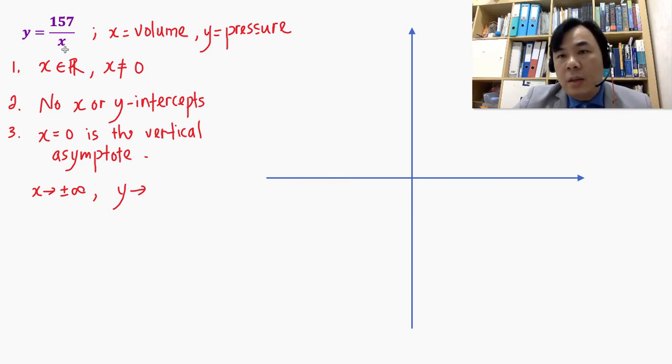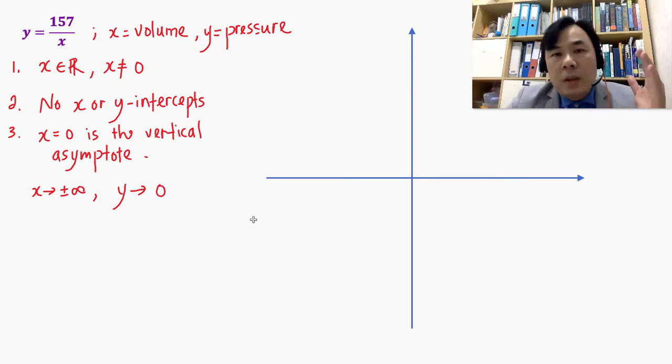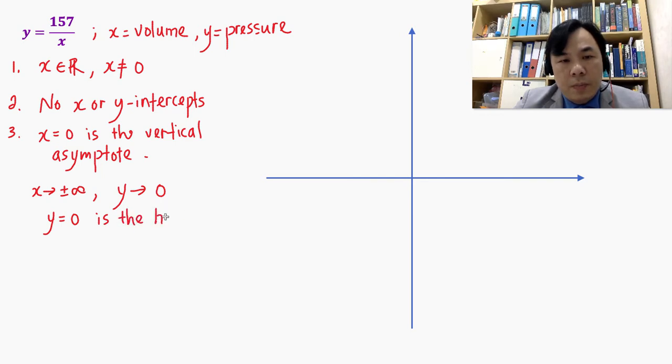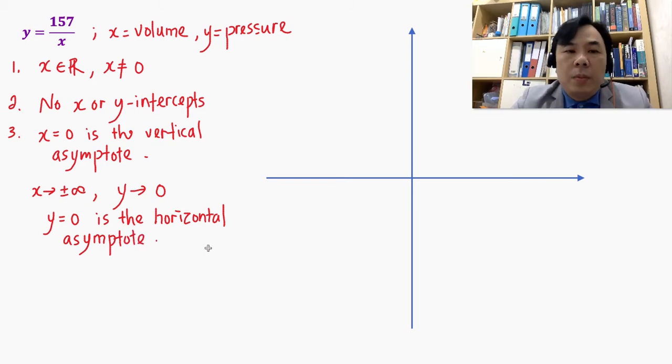As this number gets larger and larger, y will approach 0. Therefore, we write down y equals 0 as the horizontal asymptote.